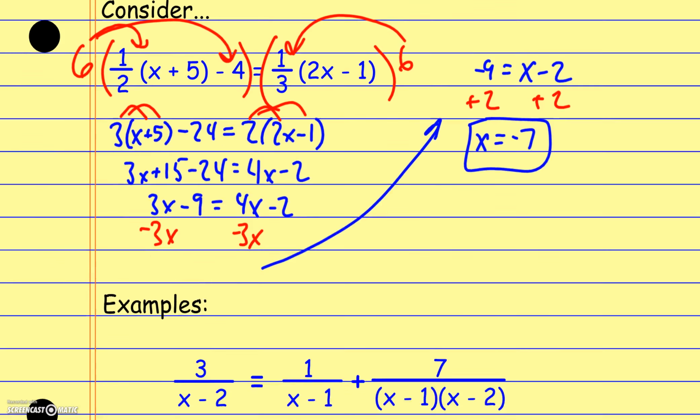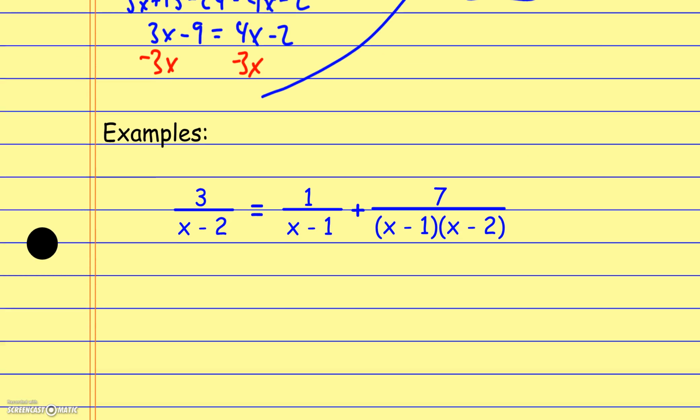So when we're looking at rational equations, it looks a lot more complicated, but the fundamental rule here is the same. I want to get rid of fractions. And the easy way to get rid of fractions is to multiply through by the common denominator. So as I look at these fractions, if I look at all the factors that I have here, I've got the x minus 2, the x minus 1, and the x minus 1, x minus 2.